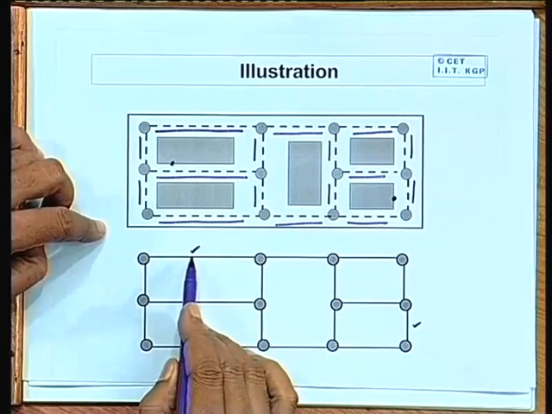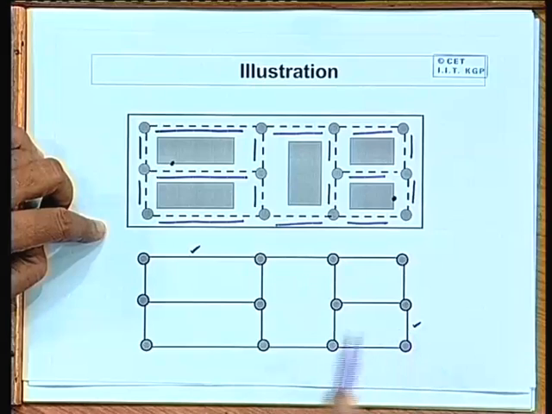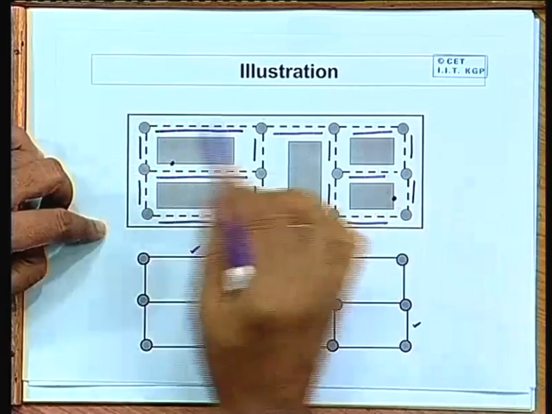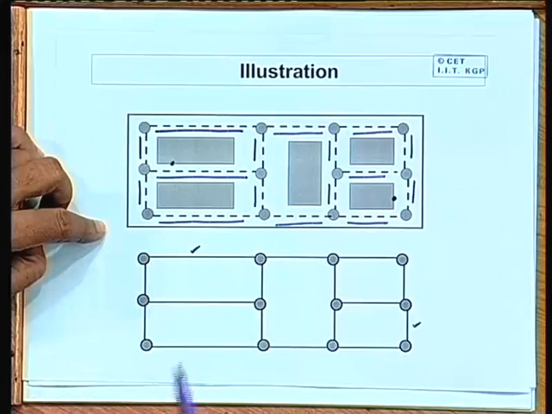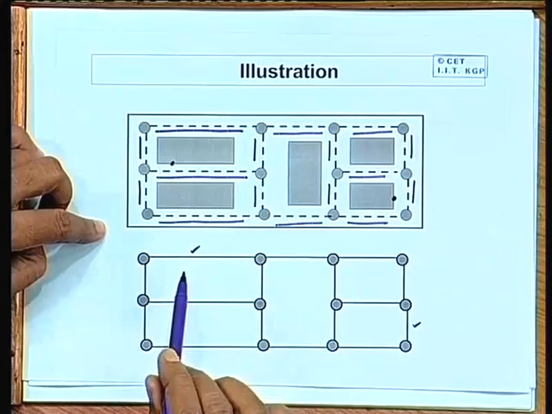Somehow we will have to find a path from here to here, but in this representation it is a little difficult to identify exactly from where we are trying to find the path. So, there is a slightly modified representation where you also have a way of representing the points from where connections need to be drawn.